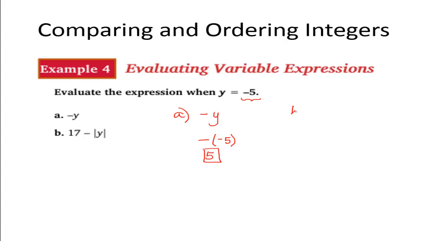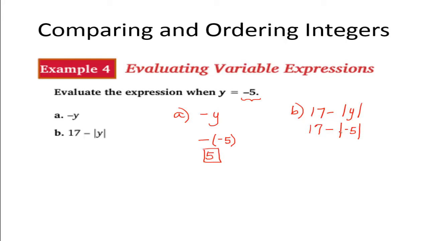For letter B, 17 minus the absolute value for y, first thing we do is we substitute. So bring everything down, and wherever there's a y, we're going to plug in a negative 5. Negative 5. So I end up with 17 minus the absolute value for negative 5.